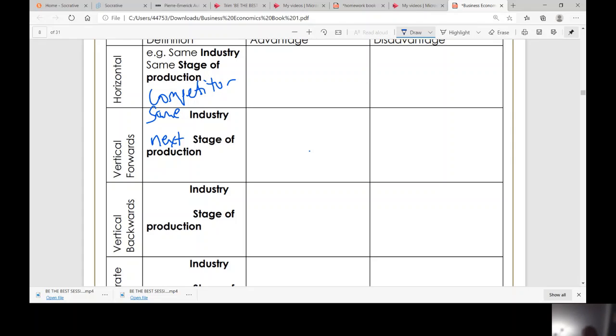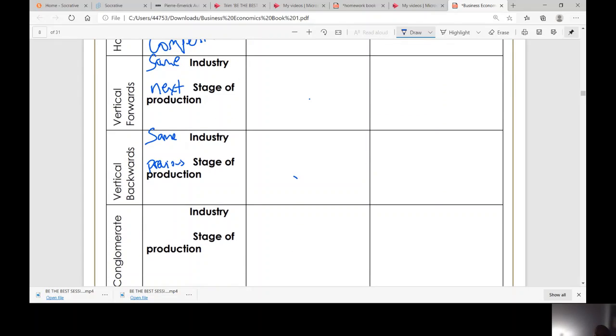So a brewery that sells alcoholic drinks buying a restaurant or a hotel group. Vertical backwards is same industry, but it's at the previous stage of production. So this would be Tesco buying one of its suppliers. So maybe buying a farm or buying a food producer like, say, Kellogg's.